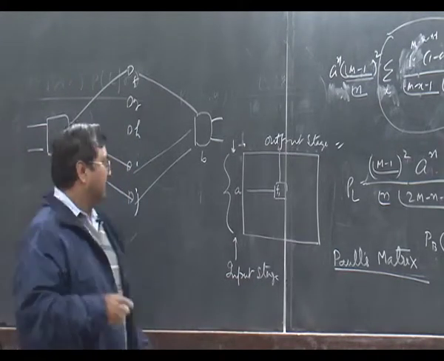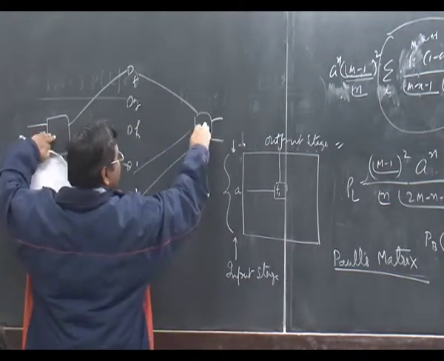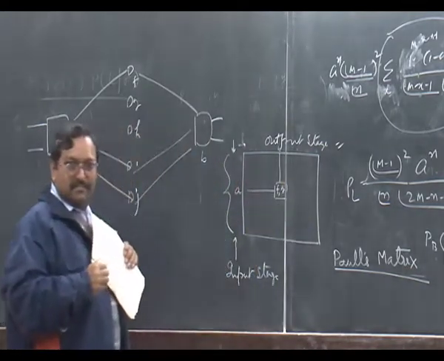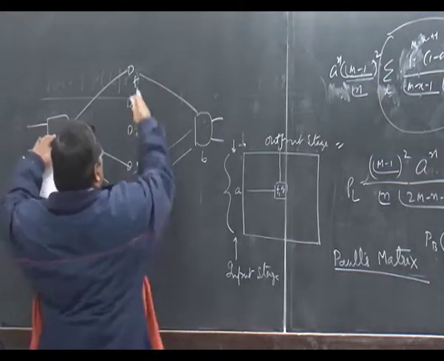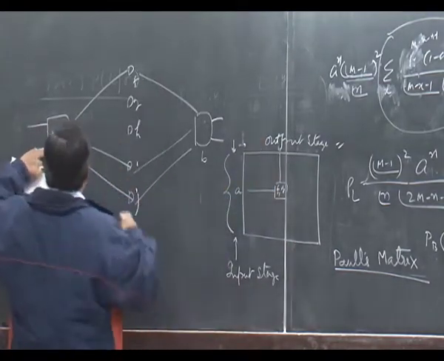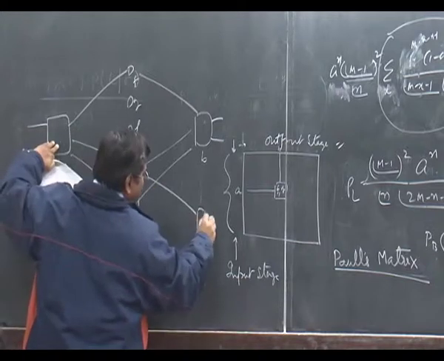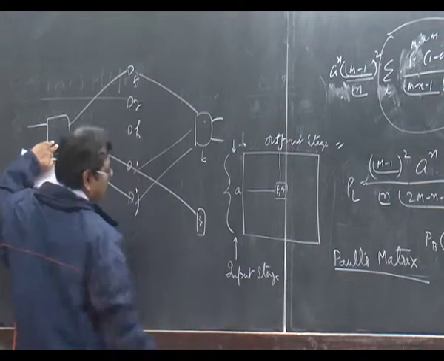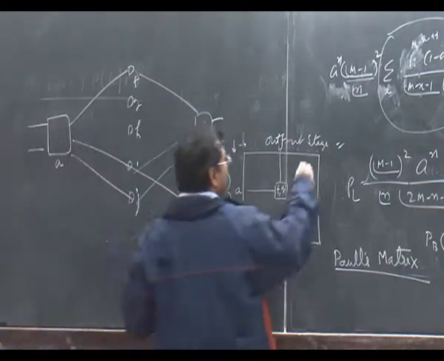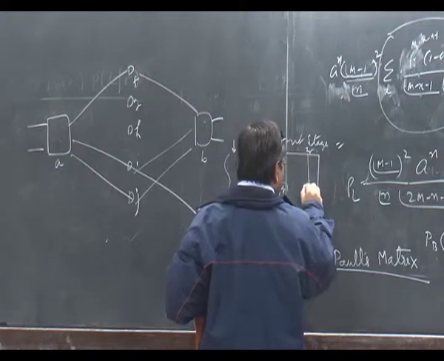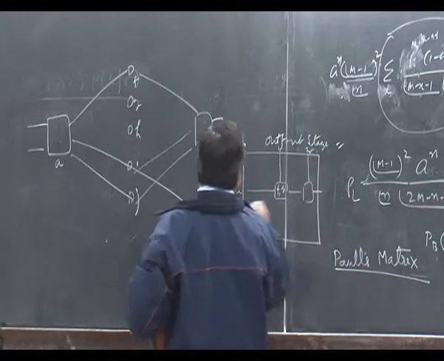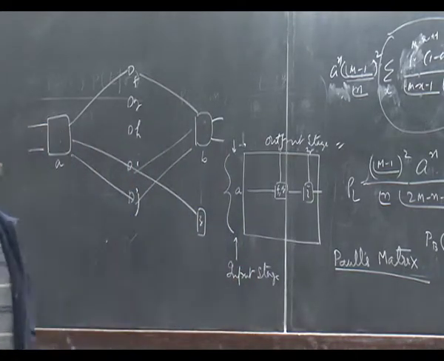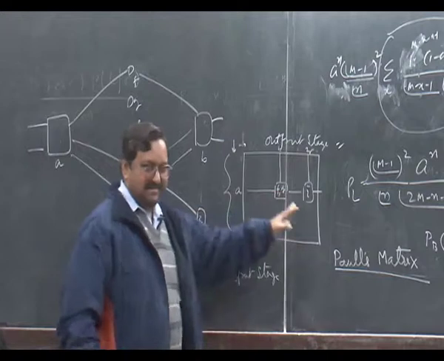If I am using G, H, I, J also to set up paths between these two, I will put those entries also, F, G, H, I, J. But F and G have already been used for A and B, and if A is connected through I to some other output, say Z, then in the Z column, in that cell, I will put this I. That is what is known as Paull's matrix.